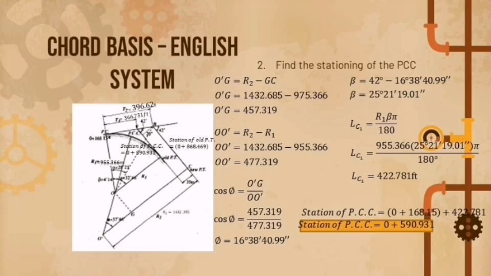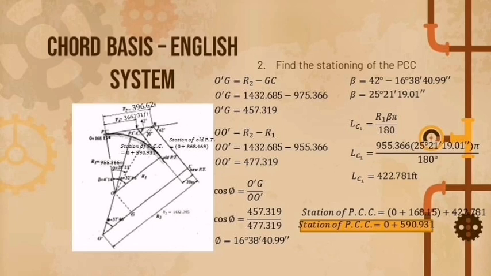And as for the empty set, our formula is cos empty set equals to value of OG over OO. So substitute the value 457.319 over 477.319.